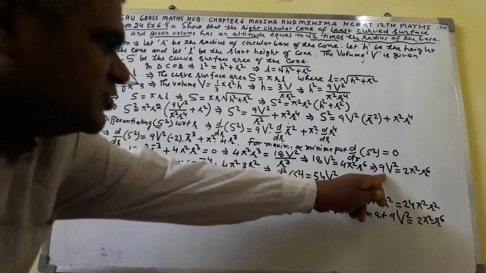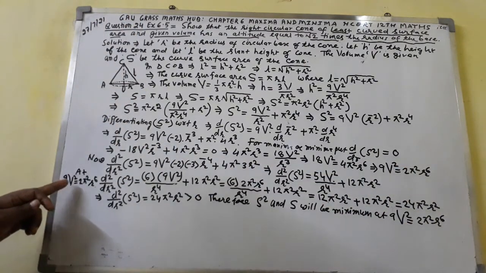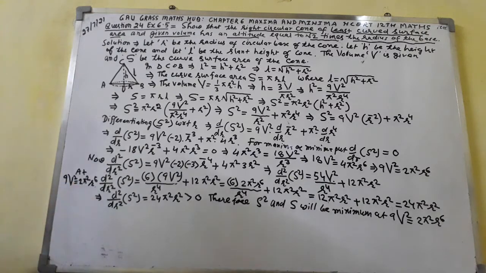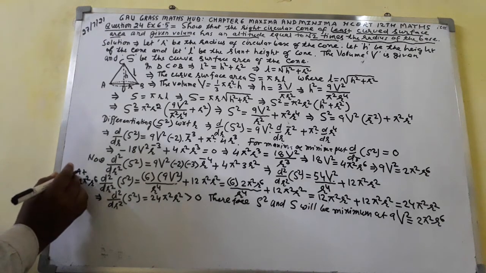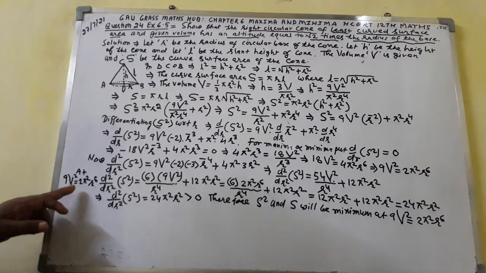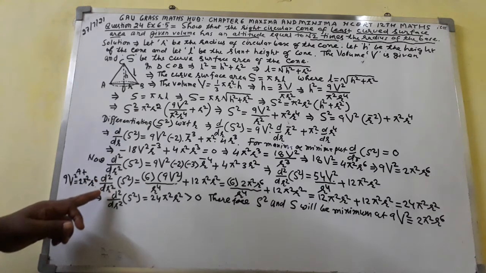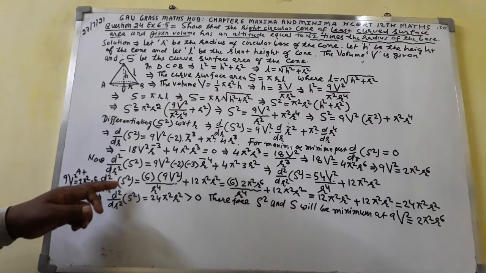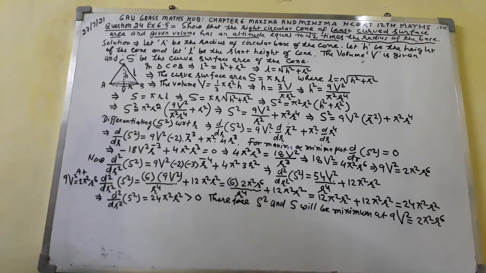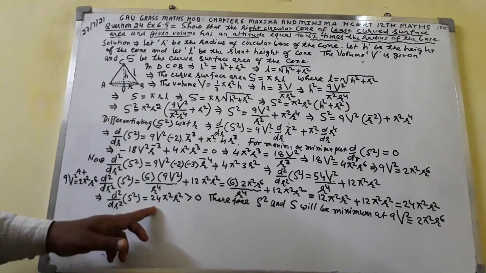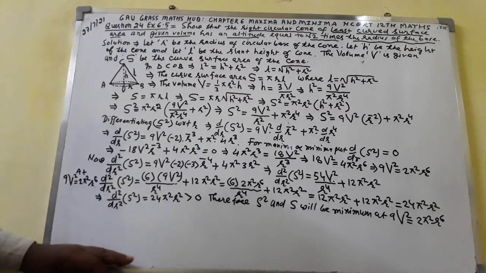This value you can see at 9v square equal to 2 pi square r raised to the power 6, d square s over dr square equal to, this value we have got 12 pi square r square. 12 pi square r square is greater than 0.